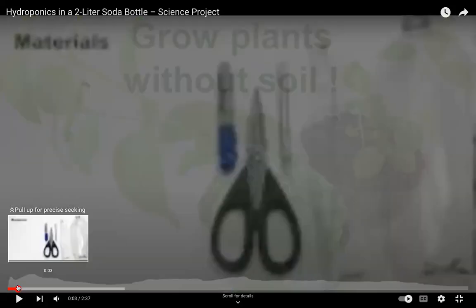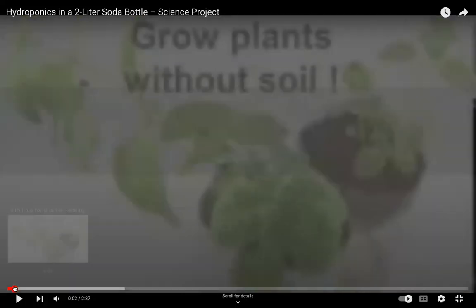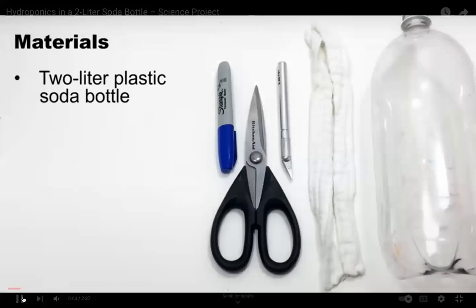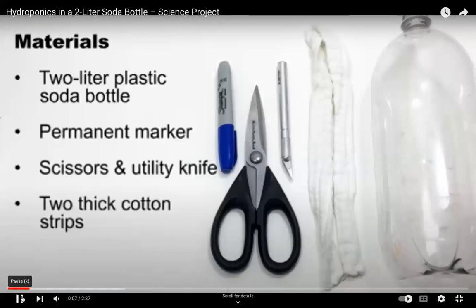You can find a plastic soda bottle easily. Then a permanent marker, which is not essential but better, scissors and a knife, two thick cotton stripes, which you can also find at home. The plastic bottle might be the hardest to find, but I think you will mostly have one at home.